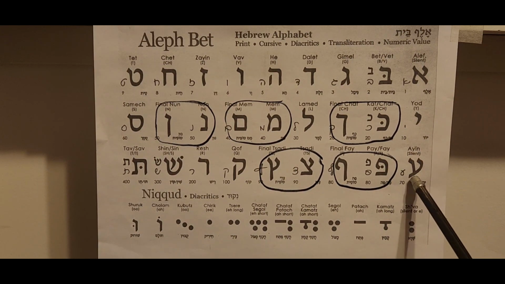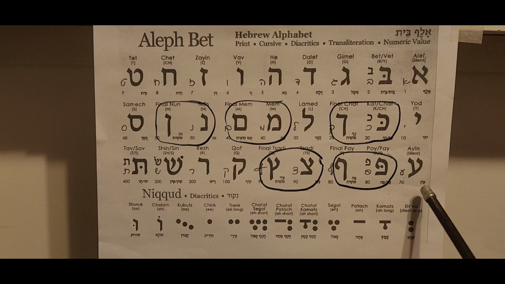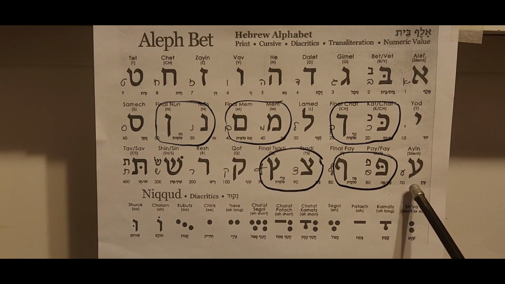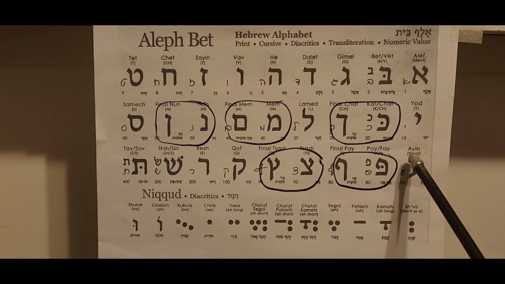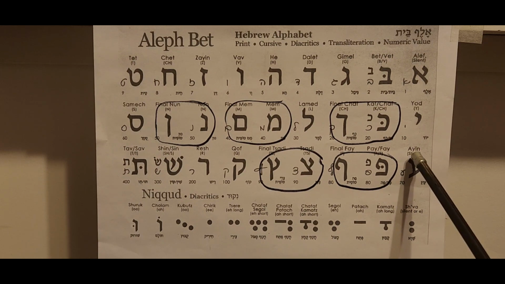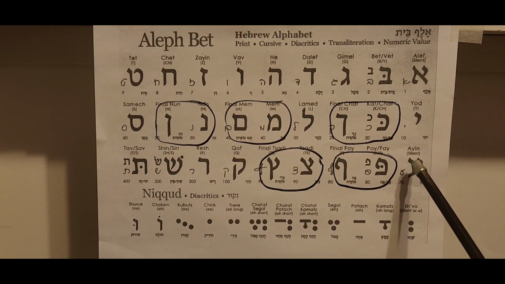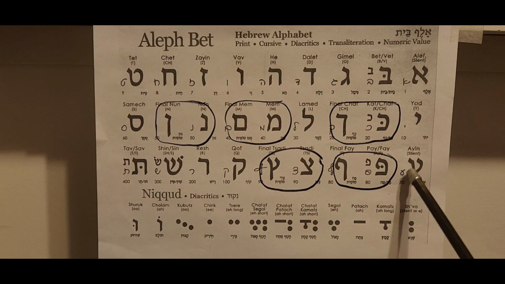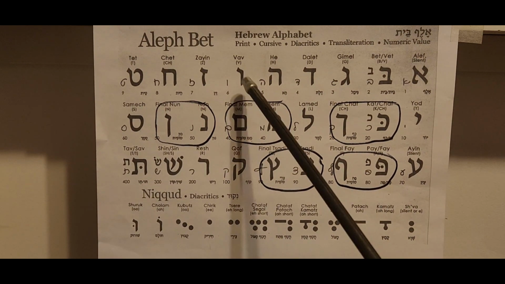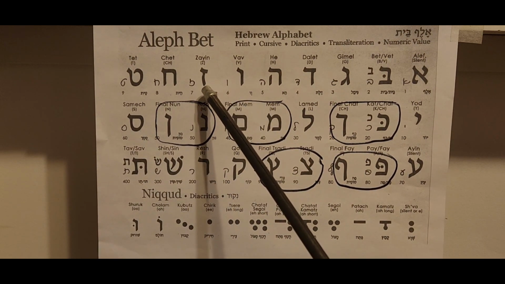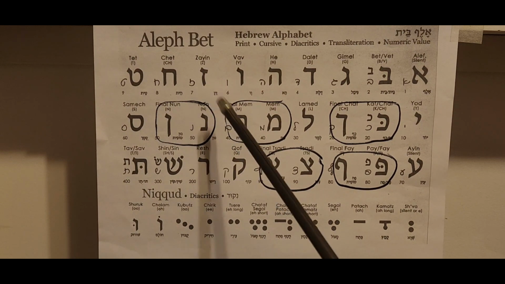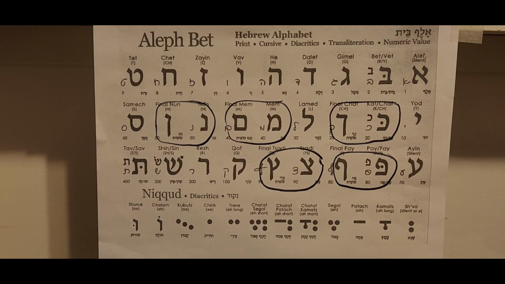The meaning of this letter is eye, E-Y-E. It is the vision sensor. And so it's easy to remember that eye, your eyeball, is the ayin, and Zayin sounds very similar. So that's just a little helpful hint.